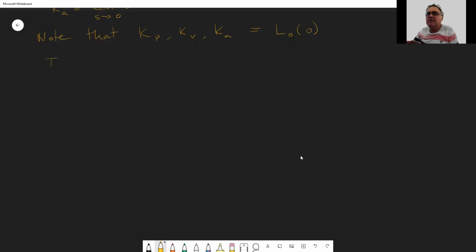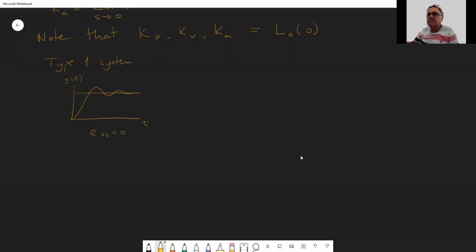Let's say that we have a type 1 system. For a type 1 system, if you have a step input like this, the step response for a type 1 system, this is y(t), the steady state error would be 0.